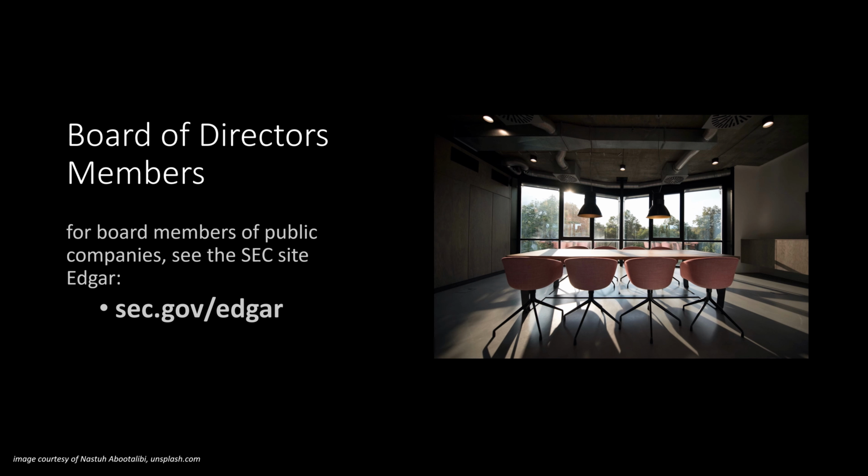The board of directors is ultimately responsible for the company. And for publicly traded companies, you can see who the individual board members are by going to the Securities Exchange Commission's EDGAR website at sec.gov/EDGAR.